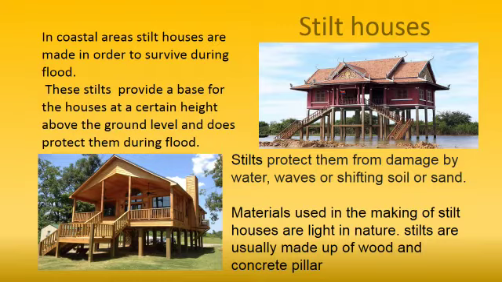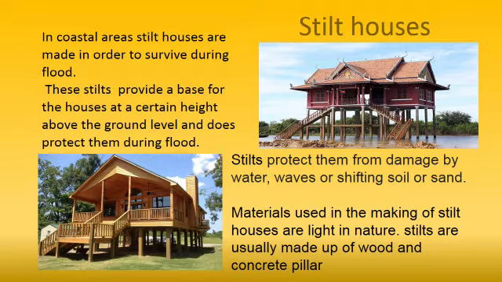Next is stilt houses. Stilt houses are those houses that are built on elevated platforms. They are built on stilts. These stilts provide a base for the house at a certain height above the ground level.